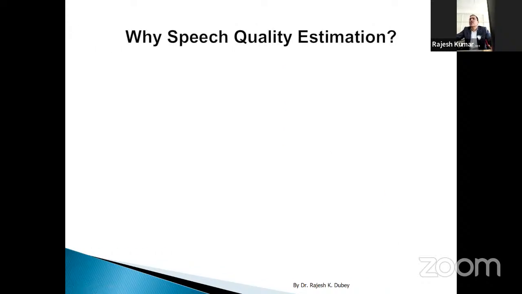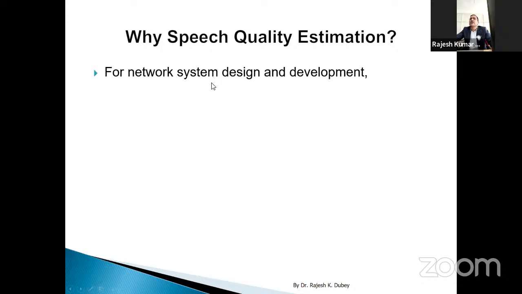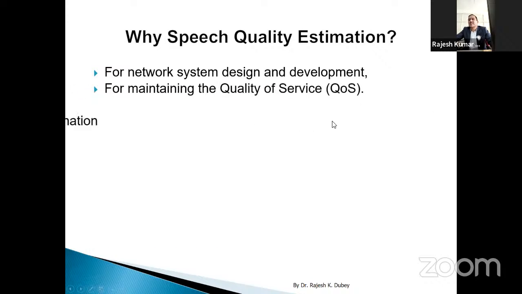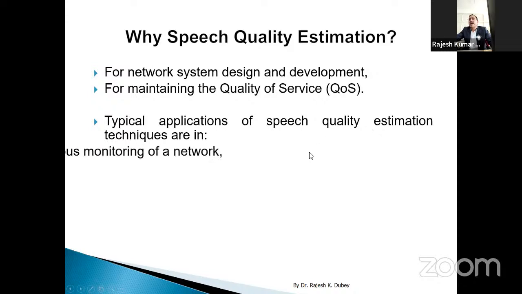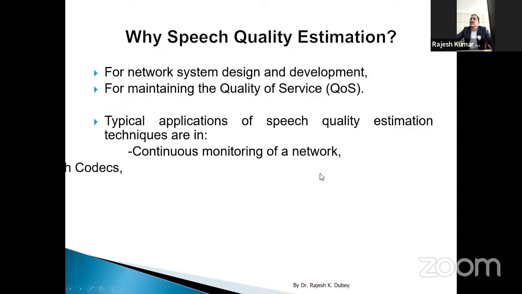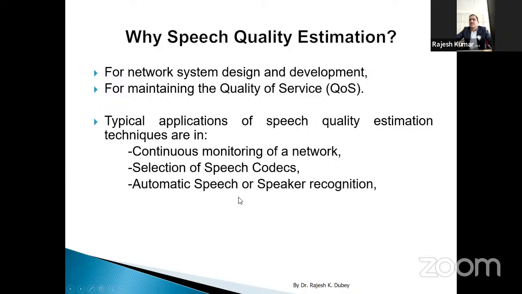Now quality: why are we measuring quality? For network system design and development, it is important to know the quality for customer satisfaction, customer service, continuous monitoring of a network, selection of speech codecs, and speaker recognition.